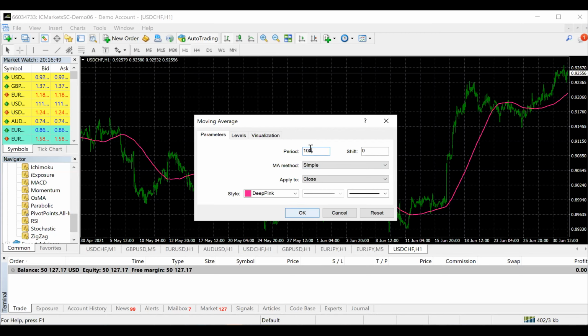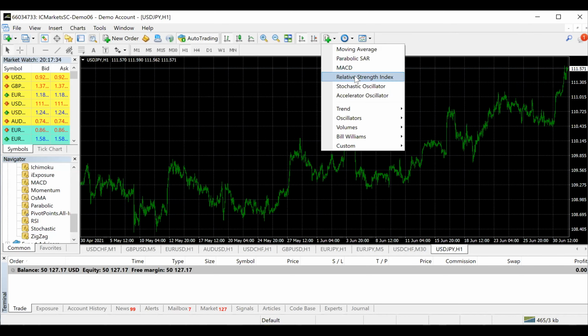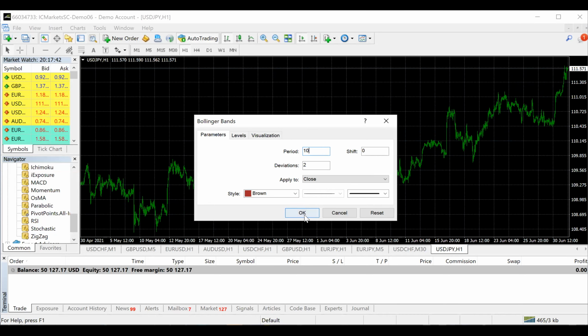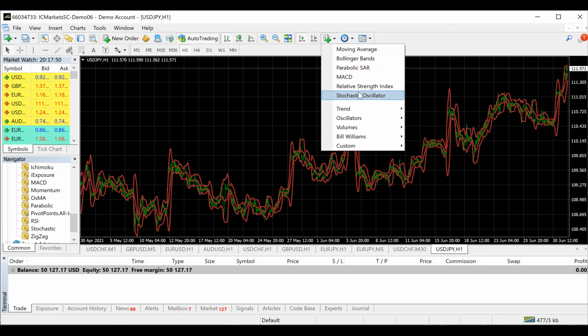The other thing we can use is Bollinger Bands. Let's open another one here. Come here to Trend, Bollinger Bands. You can use any one you like. Now, this one has 3 lines. To be clearer, let's use 100 too.